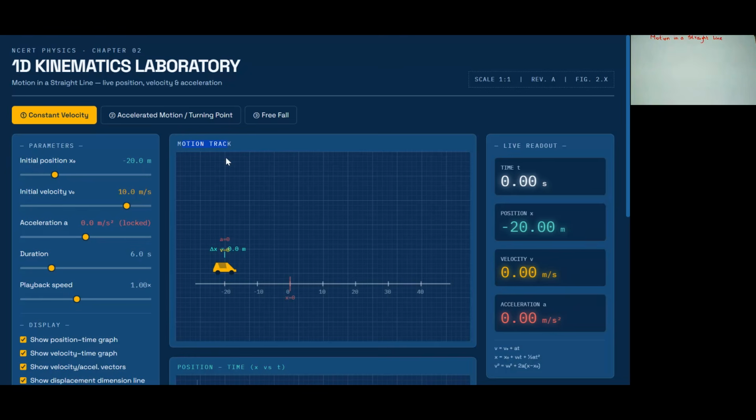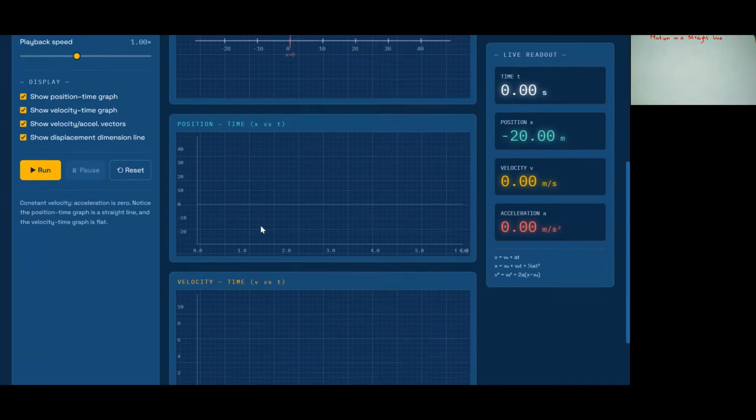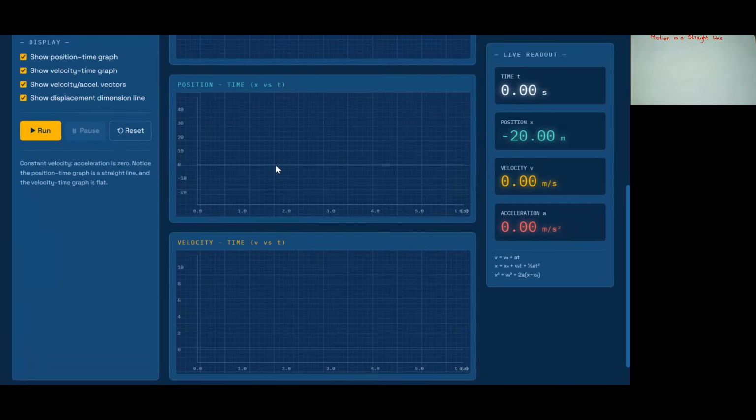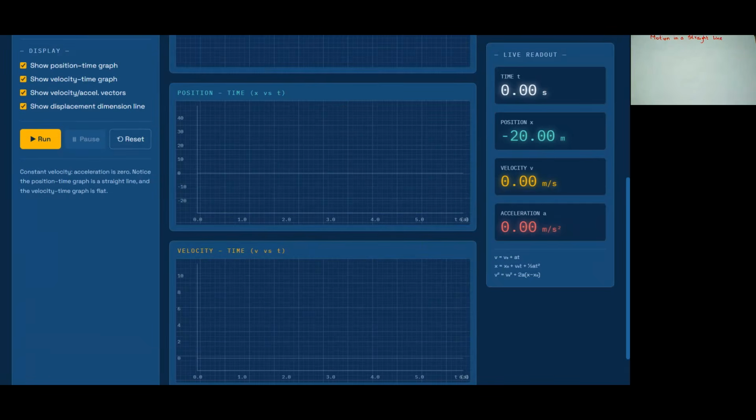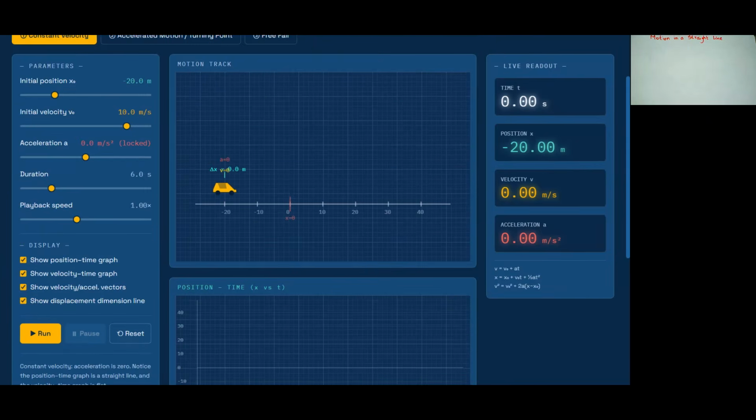Clear? And below it are two graphs. One is the position-time graph, another is the velocity-time graph. On the right, you can see the live readout panel giving us live numbers for t, x, v, and a: the time, position, velocity, and acceleration. So this will give the real data, real numbers.